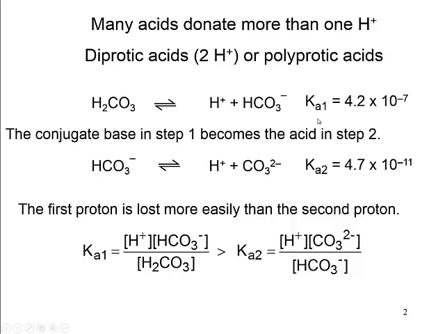For carbonic acid, Ka1 is 4 times 10 to the minus 7, and Ka2 is 100,000 times smaller, 4 times 10 to the minus 11. So there's always a very large difference between how easily the first proton is released in water and how the second proton is released from the subsequent conjugate base.